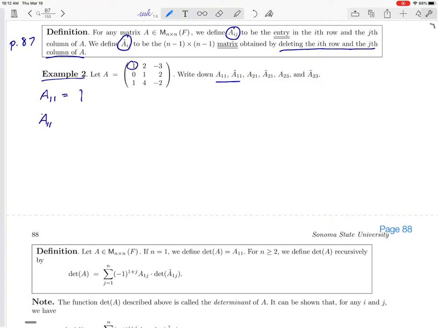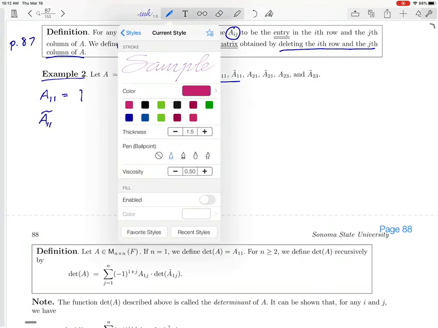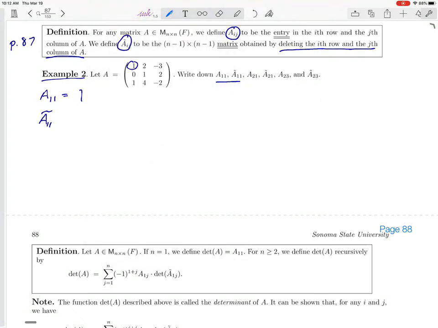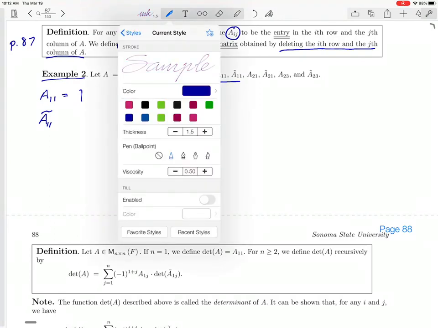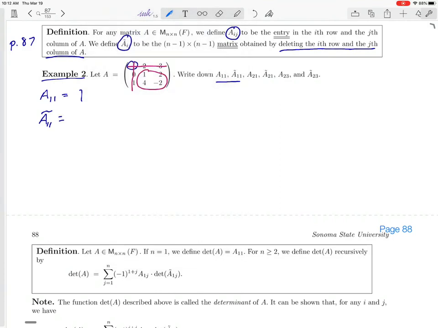Whereas A11 tilde is a matrix that we get by crossing out the first row and the first column of our matrix. Let's illustrate that. If we cross out the first row and the first column, notice that what's left is this 2 by 2 matrix 1, 2, 4, negative 2. That's what we mean by A11 tilde.